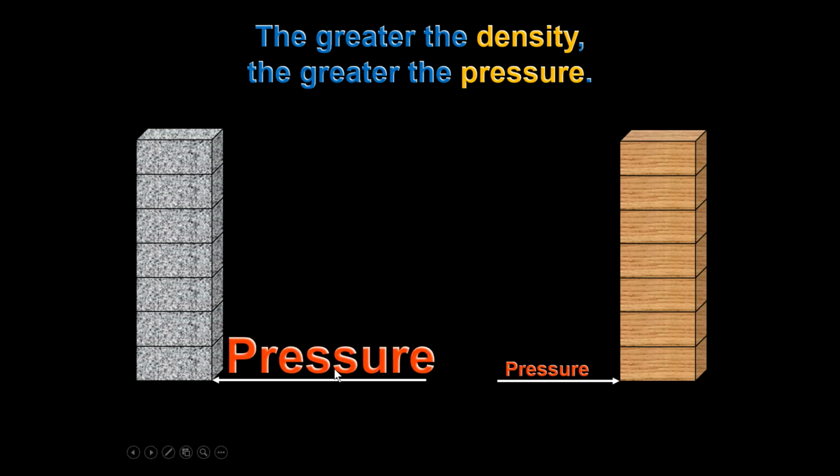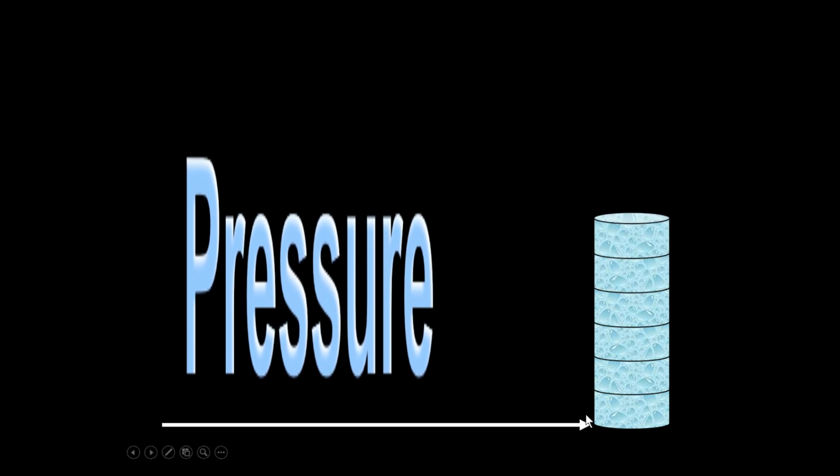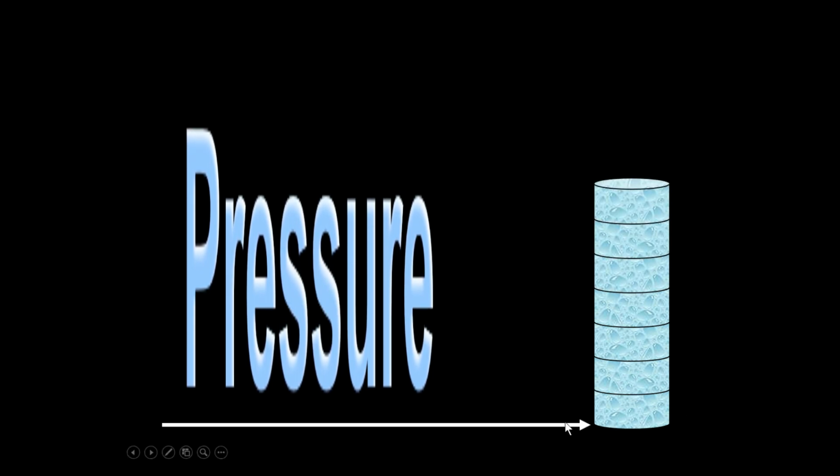So density is another variable. All right, lots more force over that same area. Now let's say we have a chunk of water here, and the same thing happens. The more water you stack on top, the more pressure you feel, because all that water weighs more, giving more force in that area.